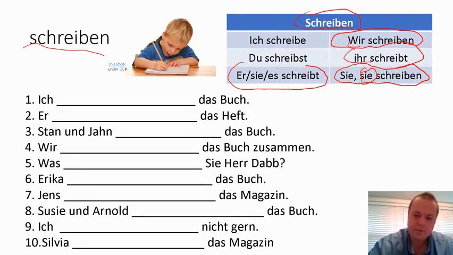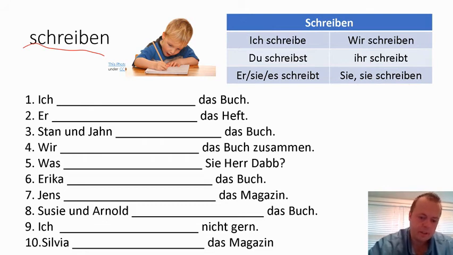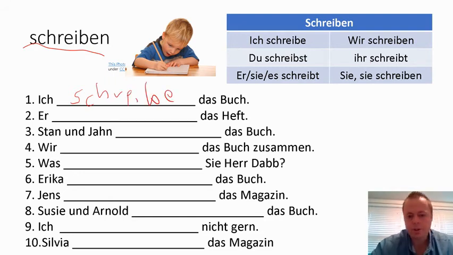So let's see if we can go through a couple of these together, and then I'm going to have you do some of these on your own. So for Nummer 1, what we're going to be doing is ich schreibe, right? Ich schreibe das Buch. Does that make sense? Yeah, it kind of does.